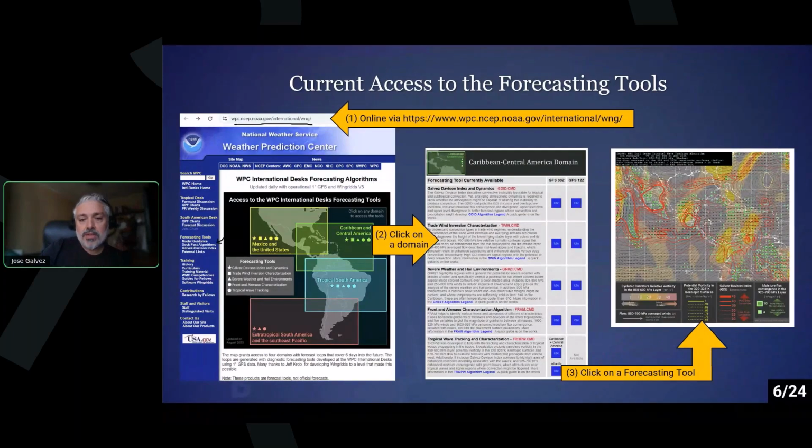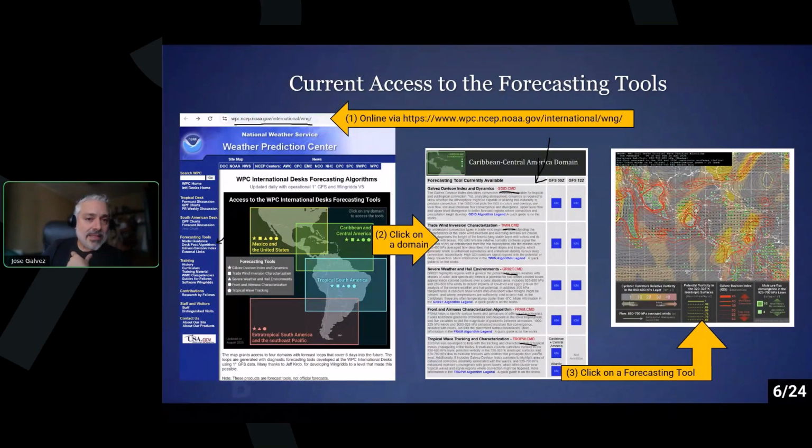And depending on which domain you pick, you can see all the different algorithms available. So in this case, for example, what I'm showing here is the Caribbean and Central America domain, and you can see that you have the GDID, you have the twin, you have the growth. This is the hail and severe weather algorithm. You have the front one and the tropical wave.